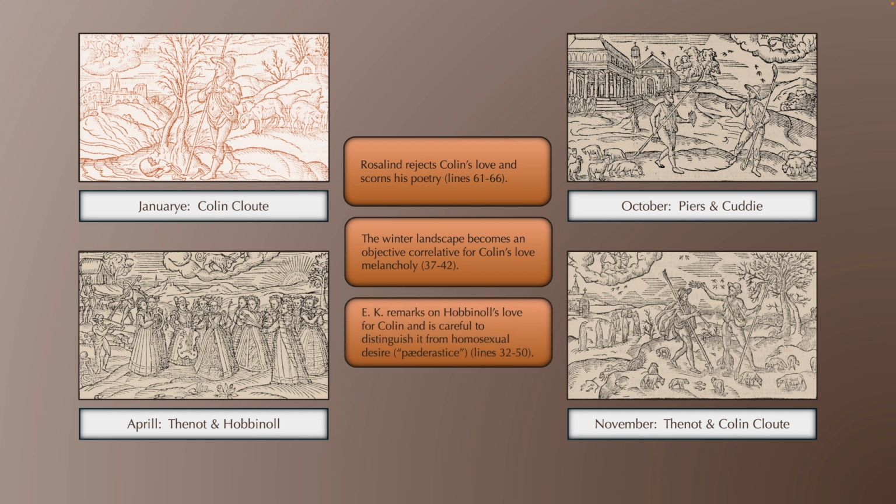And then in the gloss, what I find most remarkable about the whole January eclogue is actually not in the poem, but in EK's remarks on Hobbinol's love, this kind of homosocial world of Cambridge that gets mentioned or alluded to. Hobbinol's love for Colin, and how careful EK is here to distinguish it from homosexual desire, and that's lines 32 to 50 of EK's gloss.